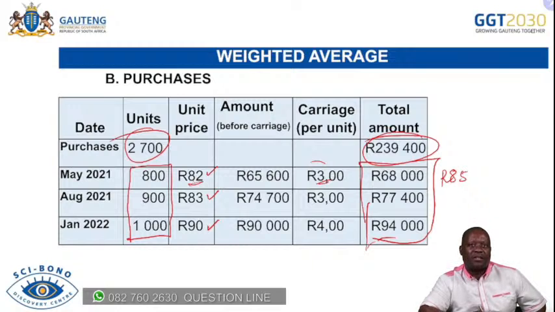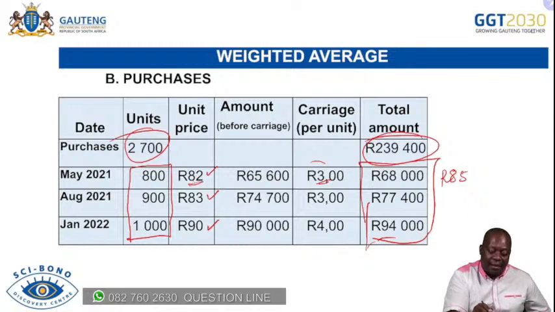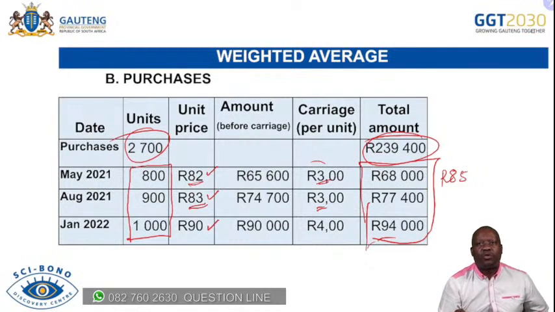Very important. For the August batch, we bought each item for 83 rand and added 3 rand per unit to carry. Each unit ended up costing 86 rand.